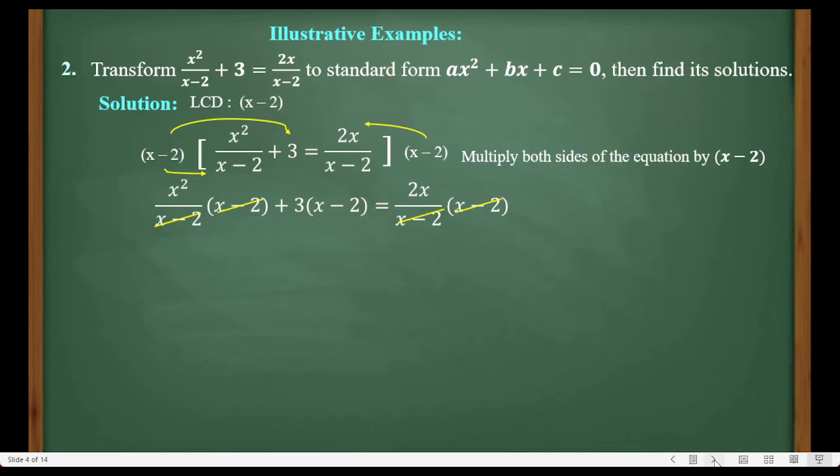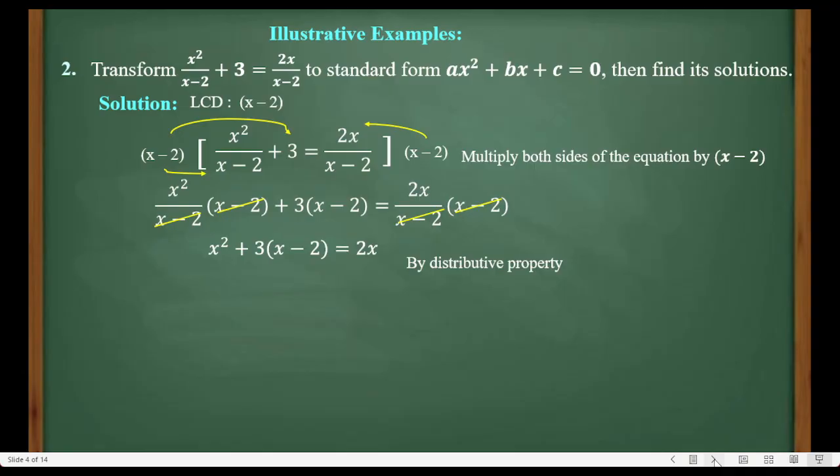And what will remain from the equation is this: x squared plus 3 times this quantity inside the parentheses equals 2. So by rewriting the equation without those x minus 2, because they are now cancelled out, the equation becomes x squared plus 3 times quantity x minus 2 equals 2x, which is at this point the equation is now cleared from any denominator.